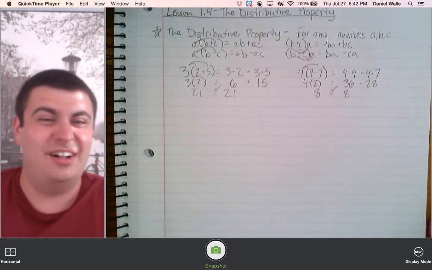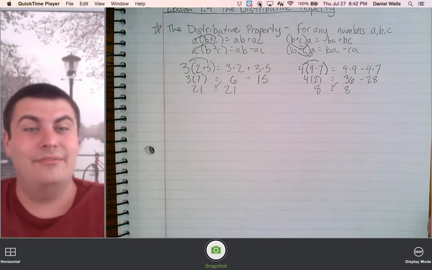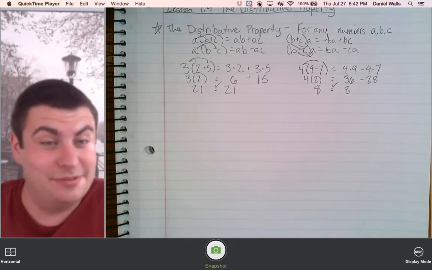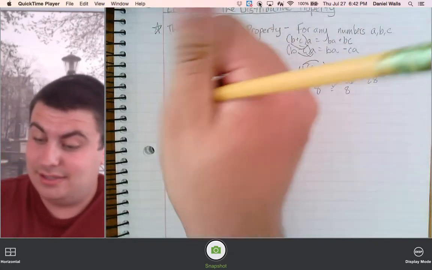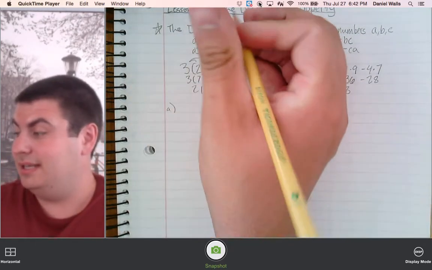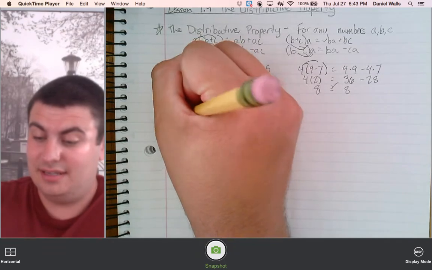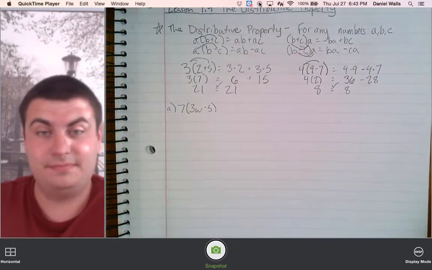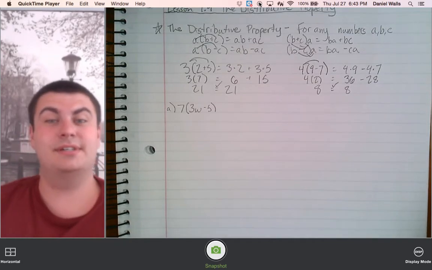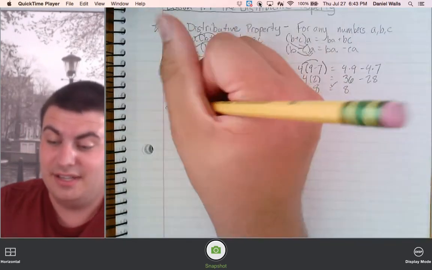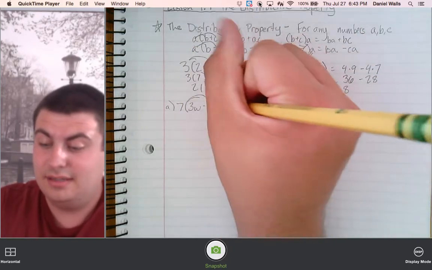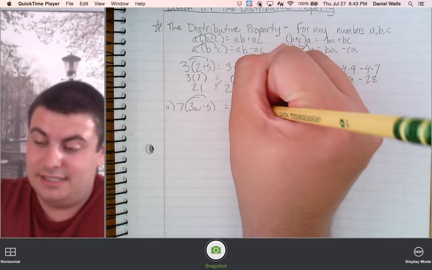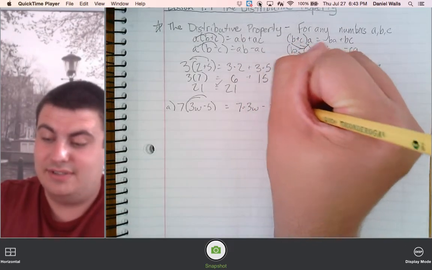Now we're going to involve variables. We are going to use the distributive property to simplify. If we had 7 times the group 3w minus 5 and we distributed, we would have 7 times 3w minus 7 times 5.